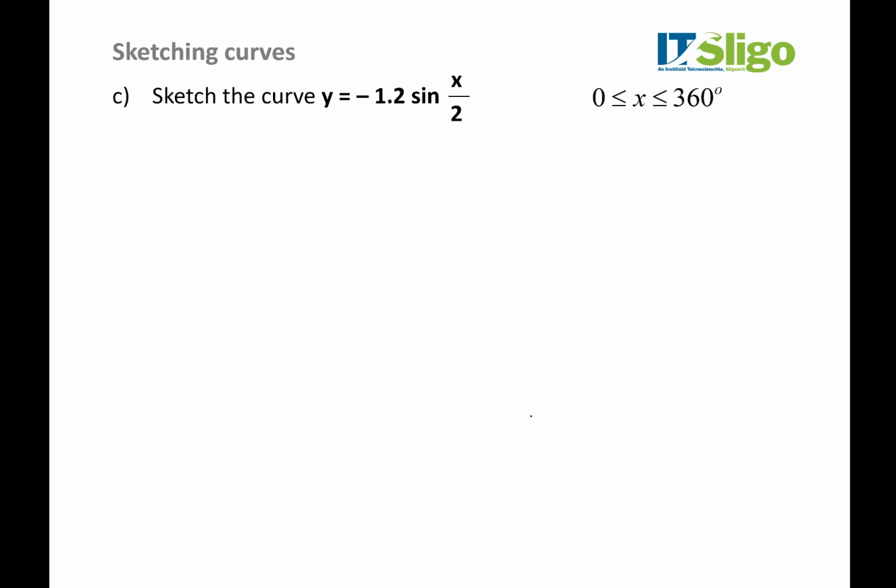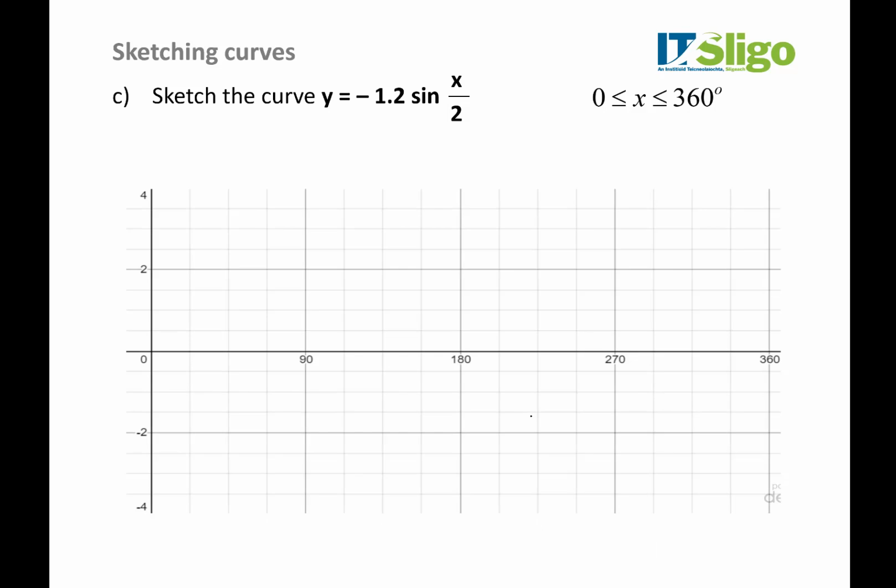This one looks a little bit trickier, but don't be put off. It's the same idea. It's a negative wave. My amplitude is 1.2, so we'll say that's from about here to about here. Now, this is important. It's a sine wave, so I start at 0 and I head downwards, but there's only half a full waveform. Remember, a negative sine wave would look like that, so half a sine wave is just this bit here.